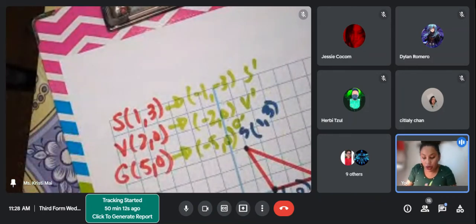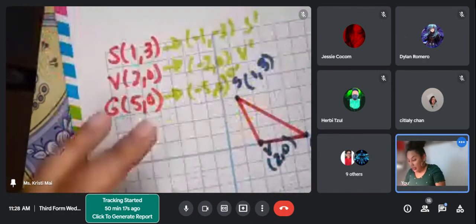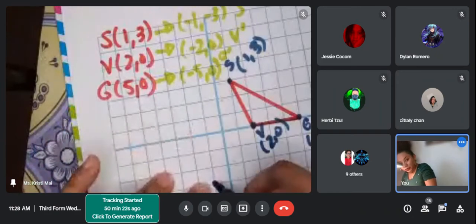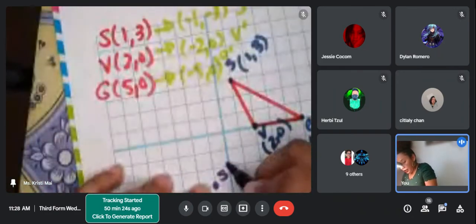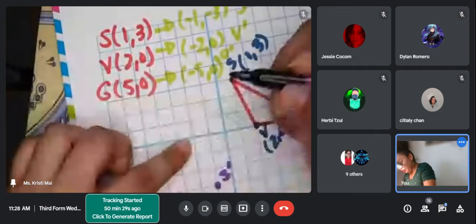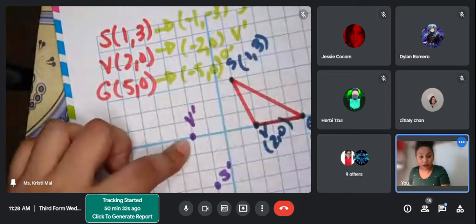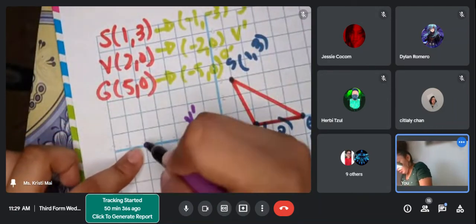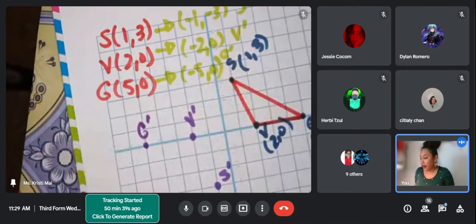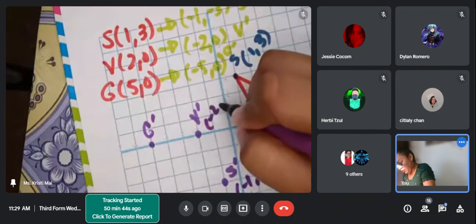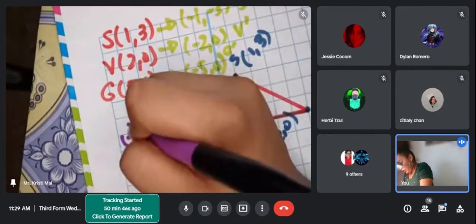Right? Now going ahead and plotting them, I have negative 1, negative 3. My point is here, S1. V1 is negative 2, 0. And then I have negative 5, 0, G1. All right, and then I can write the points: negative 1, negative 3, negative 2, 0, and negative 5, 0.